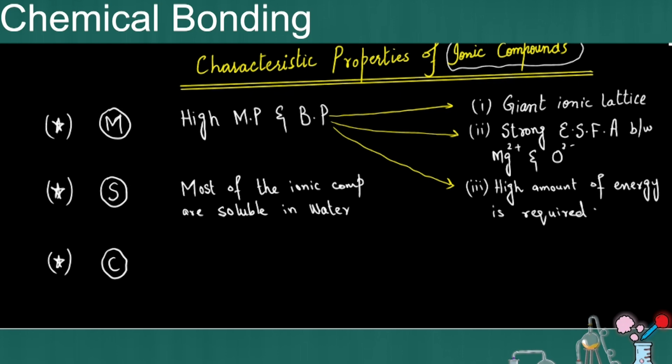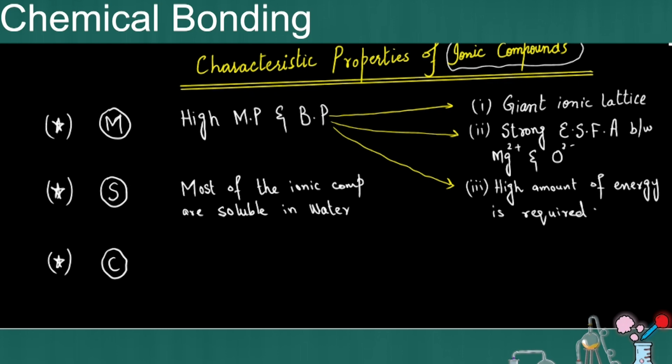Sodium carbonate is soluble क्योंकि sodium carbonate group 1 का member है. ठीक है, potassium carbonate is soluble, लेकिन group 2 के जितने भी carbonates हैं they all are insoluble. Magnesium carbonate, calcium carbonate, they are insoluble. Zinc carbonate, it is insoluble. Copper carbonate, it is insoluble. So solubility के लिए point याद रखें, most of the ionic compounds are soluble in the water.